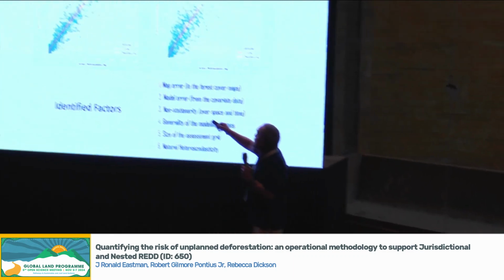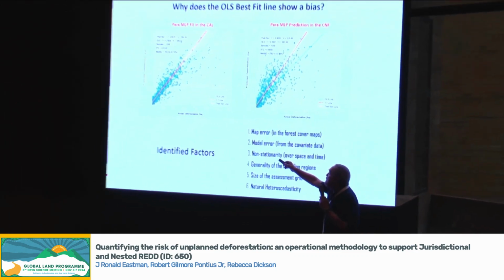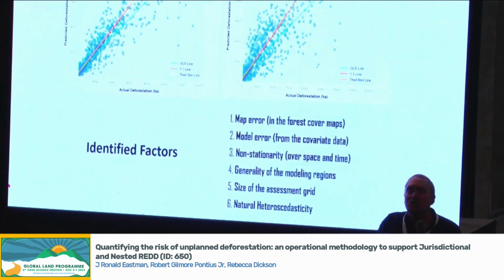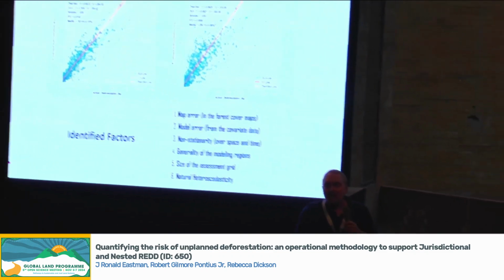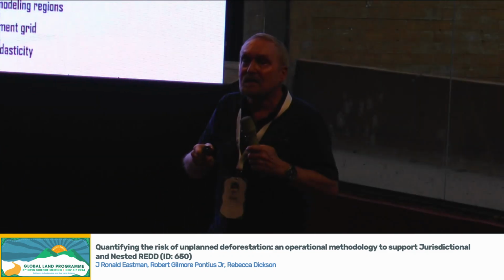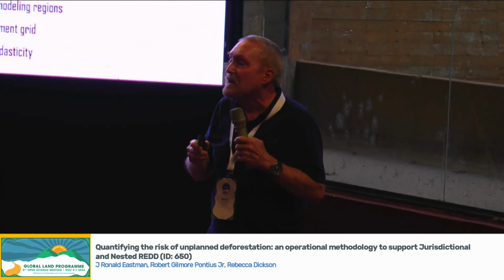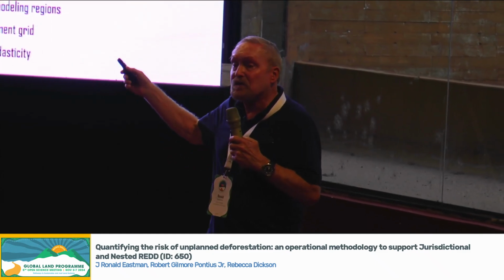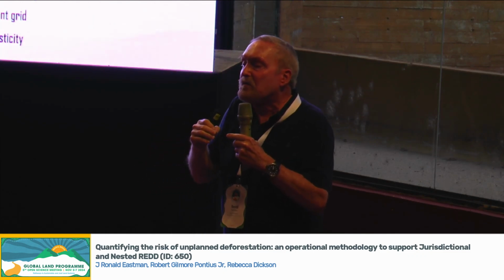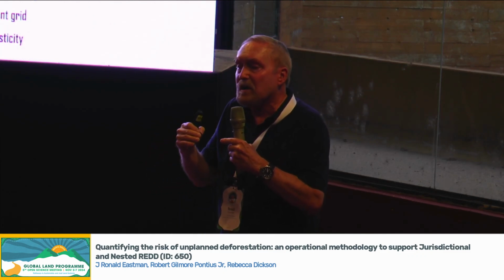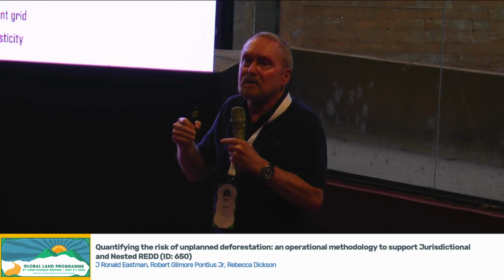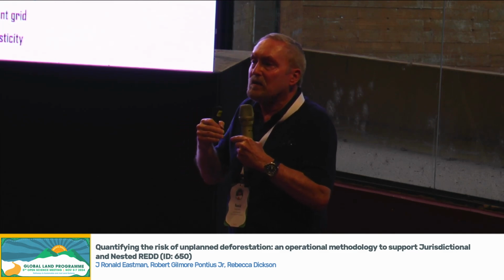I should have put these in an order. Probably the biggest one that we know of is non-stationarity. That is huge. You have areas that in the future didn't behave like they did in the past. We see this quite often. For example, in the calibration period in Para, there are some regions where we see very little deforestation happening, and the only deforestation is a kind of edge accretion near existing areas of deforested lands.